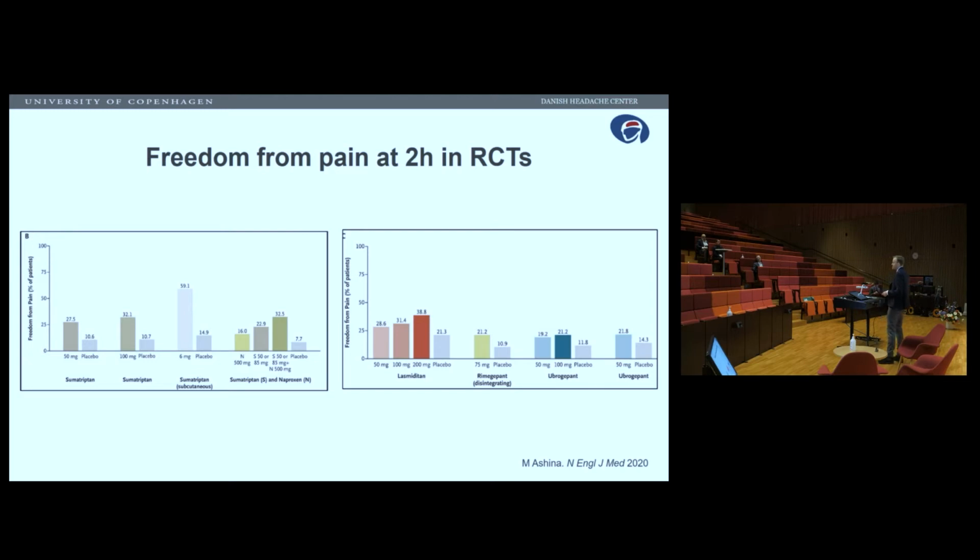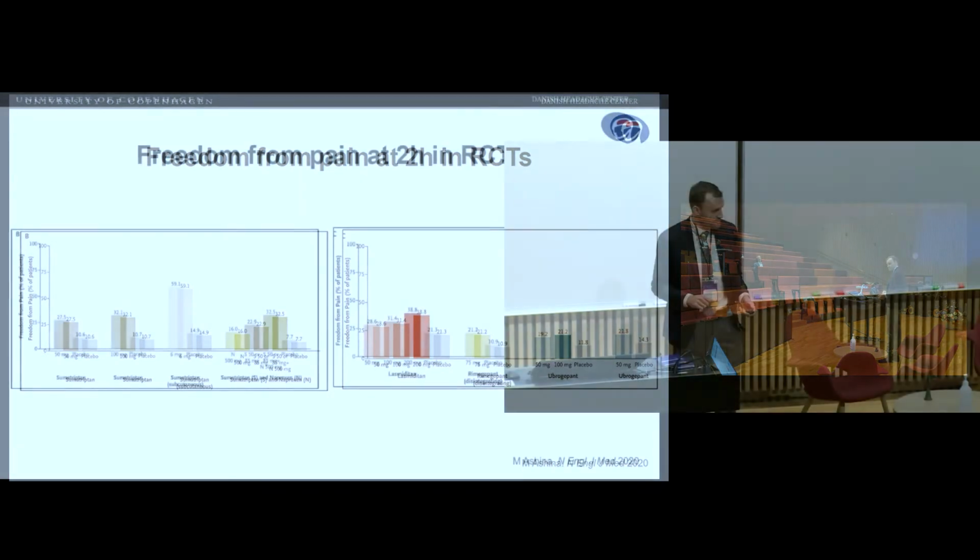Keep in mind that some of the adverse effects of lasmiditan are central effects where you're unable to drive a car for several hours after administration, so this might hinder the use in some patients. But on the other hand, lasmiditan might be effective in patients in whom you wouldn't try a triptan because of the cardiovascular side effects. So there might be some pros and cons for each patient, and this is definitely something to consider in the single case when treating someone with migraine.